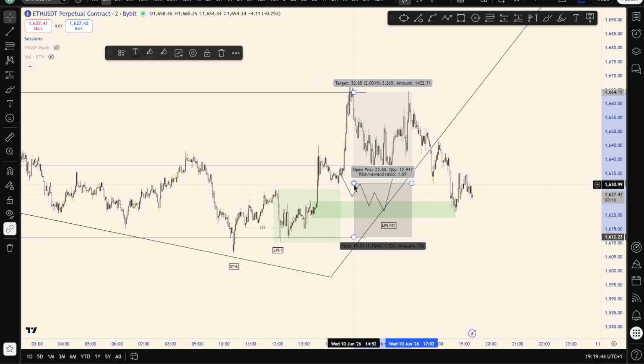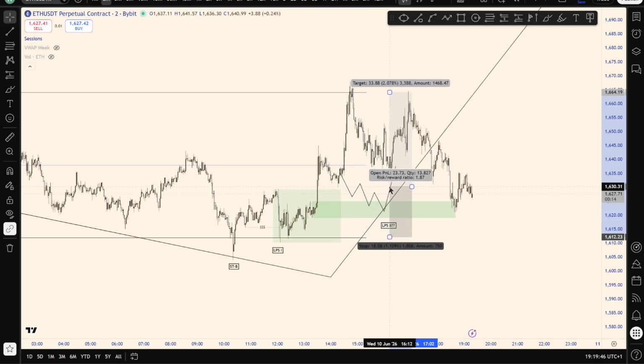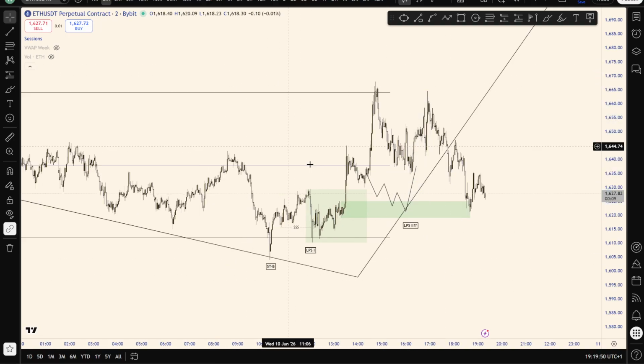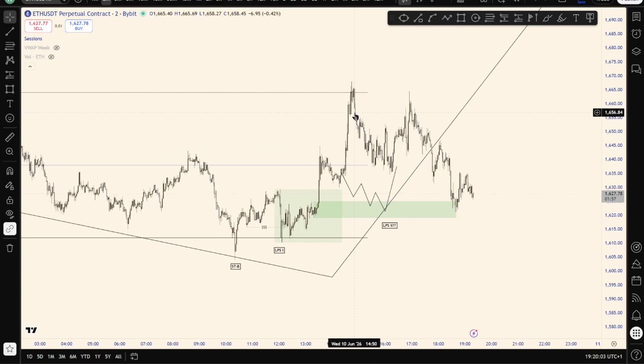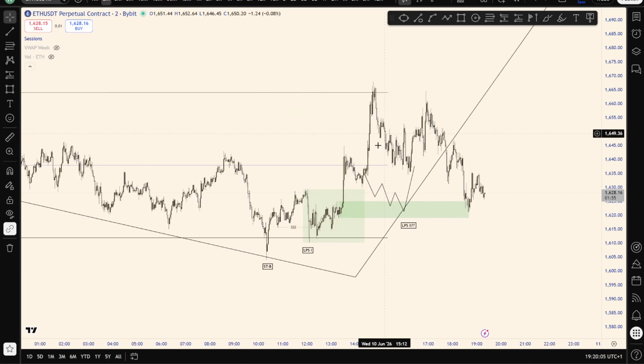Price even didn't tap here. I think it was probably some fair value gap or inverse fair value gap. Price just dumped higher as Bitcoin dumped higher, and it was creating very nice liquidity.